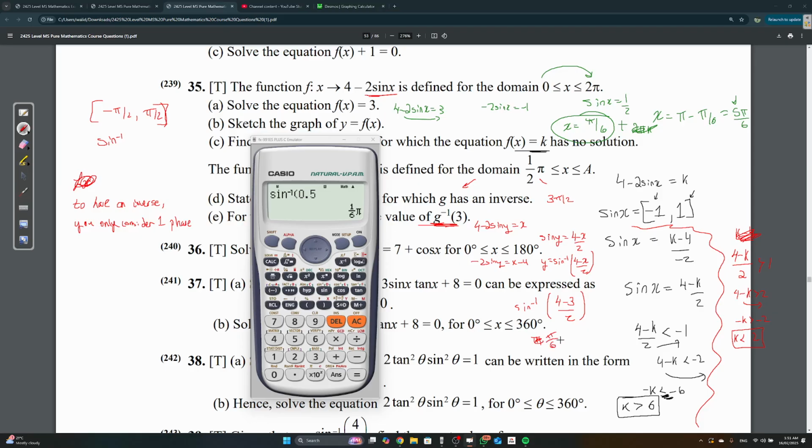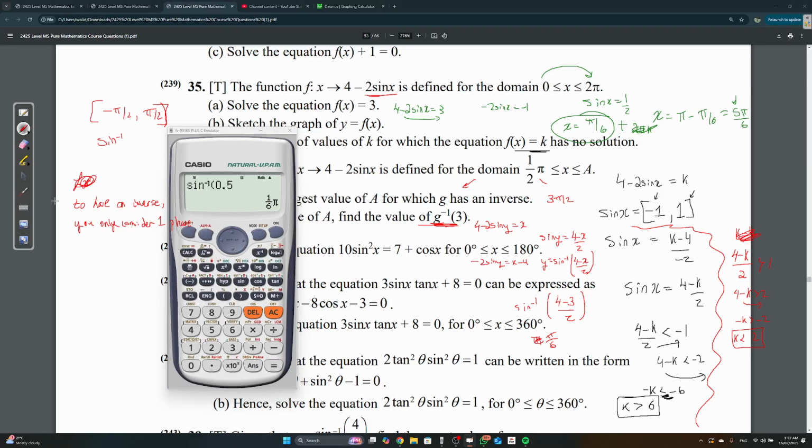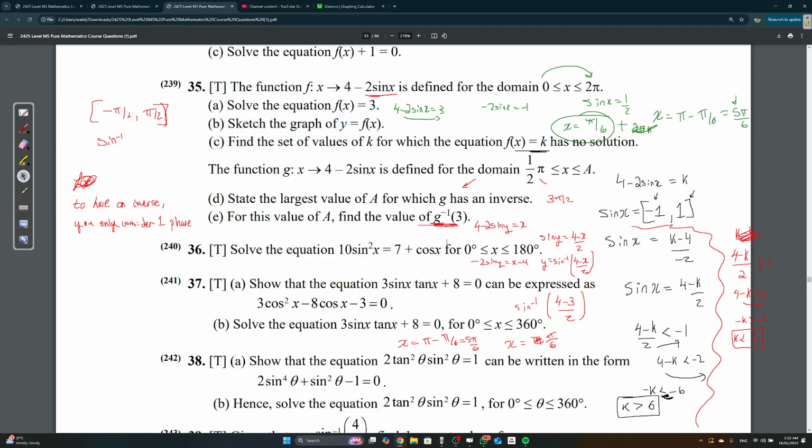Someone's going to come and tell me, why don't you give the other solution? Pi over 6. The other solution is always pi minus pi over 6, and you're going to get 5 pi over 6. He's going to submit this paper, receive it, and see he lost a mark. Why? We're working with the function sine inverse.